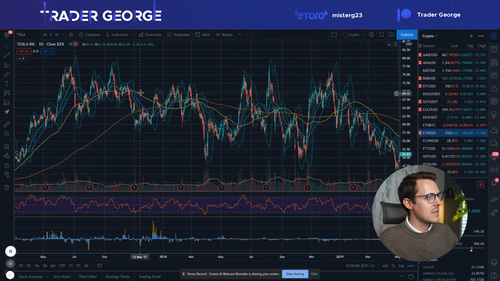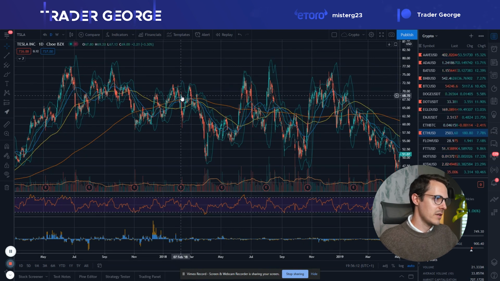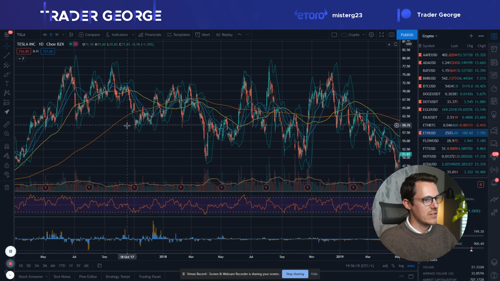So these levels can really be seen as a temporary floor and ceiling in the price. Markets do have a tendency to find certain ranges that they then like to fluctuate in.